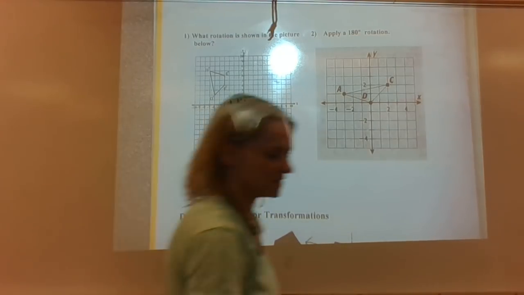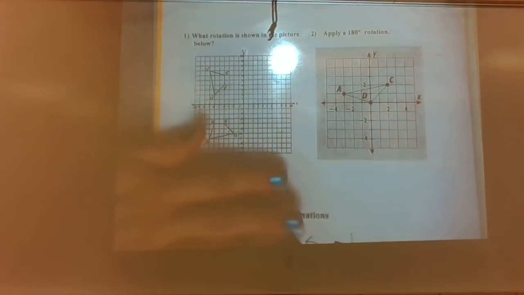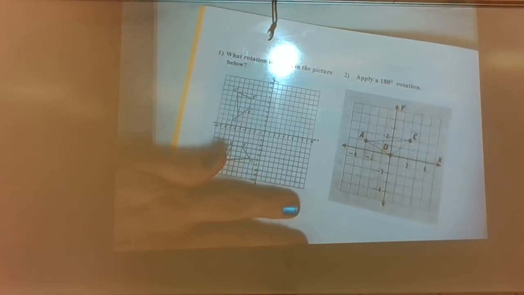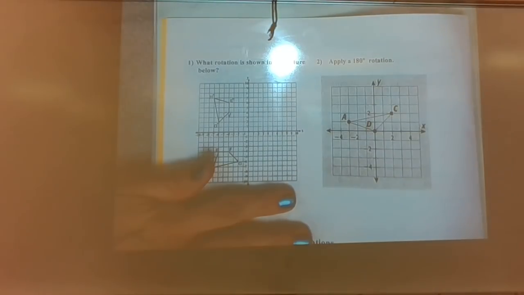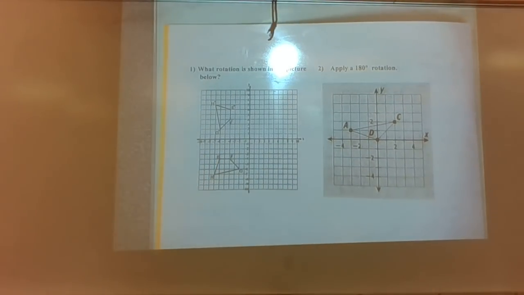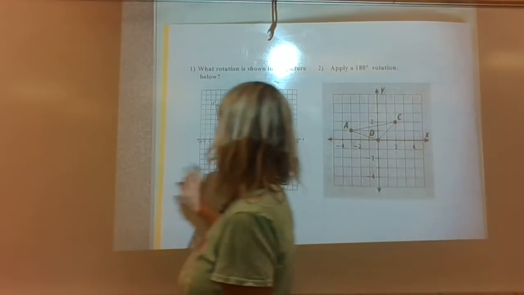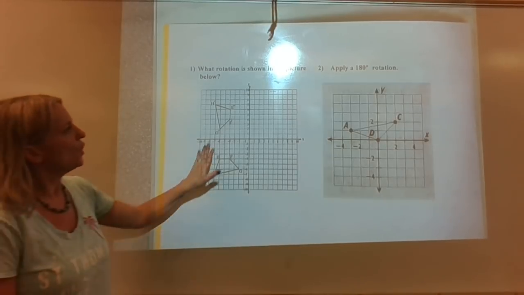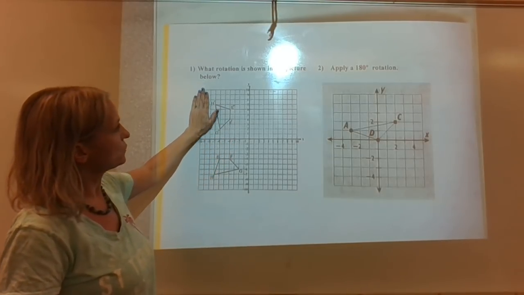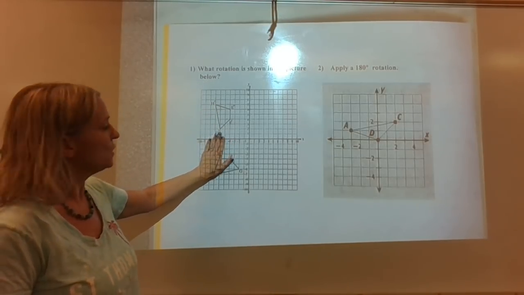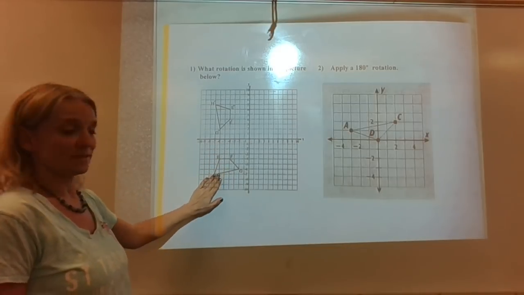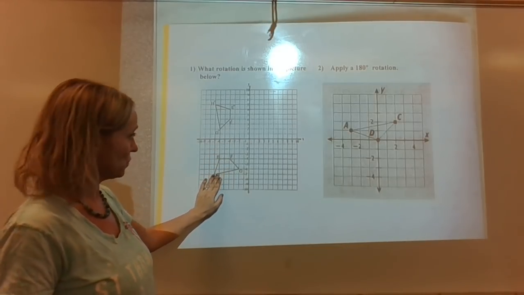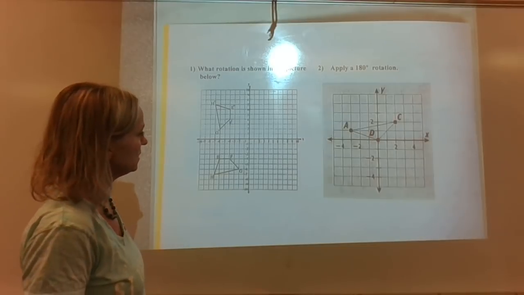Okay, let me slide this down a little bit. All right, so on the first one here, we're saying what rotation is shown in this picture. So what we want to say basically is how many degrees did it take to rotate from one picture to the next. Okay?